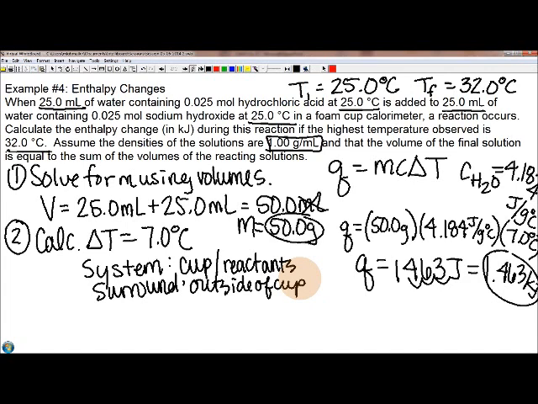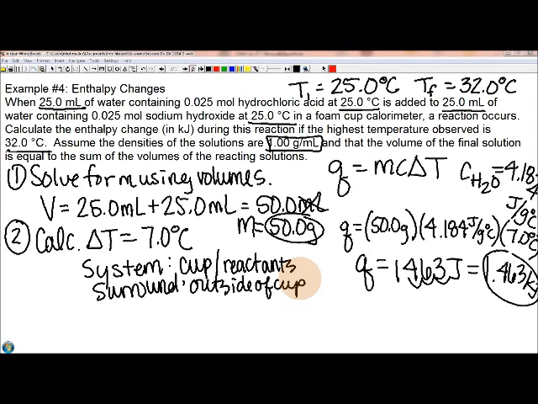The way that we can tell how the heat is flowing is by the temperature change. According to our system and reactants and surroundings, we have an increase in temperature because we start at 25 degrees Celsius and we end up at 32 degrees Celsius. So we are actually increasing the temperature.